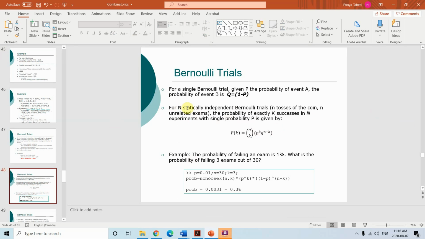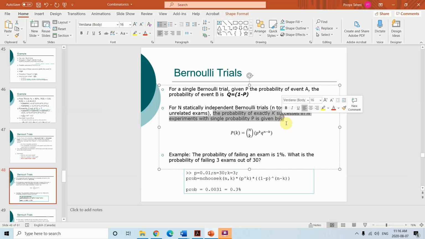So for n statistically independent Bernoulli trials, let's say, as an example, n tosses of a coin, or n unrelated exams, right? Each toss or each exam would be independent from the others. The probability of exactly k success events in n experiments with the single probability p is given by this one.